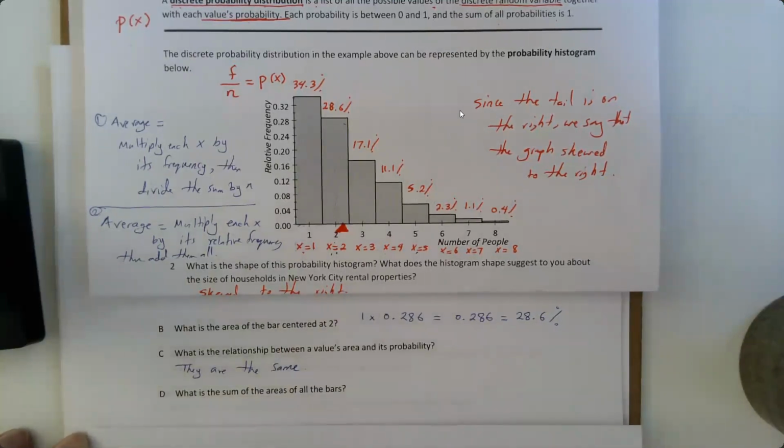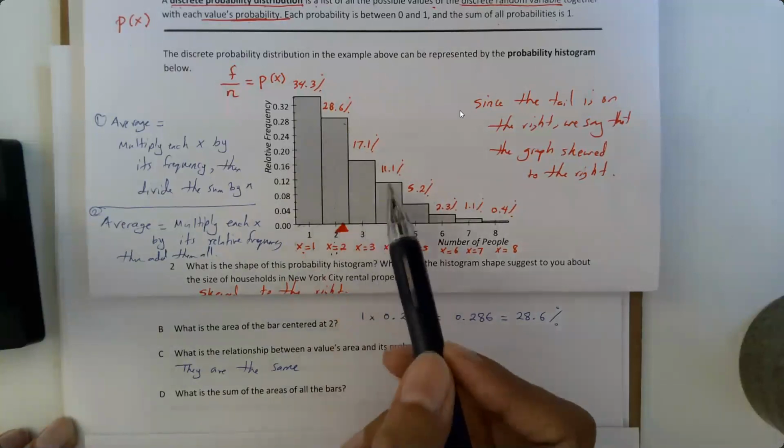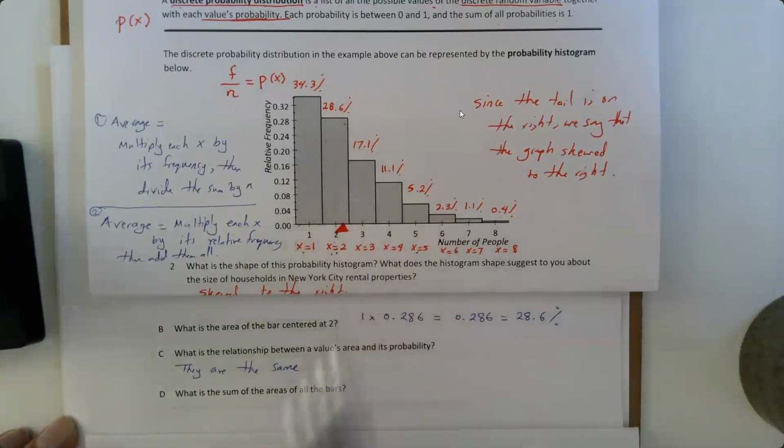Now part D of the question says, now that you know each of these areas, what is the sum of all of these areas?